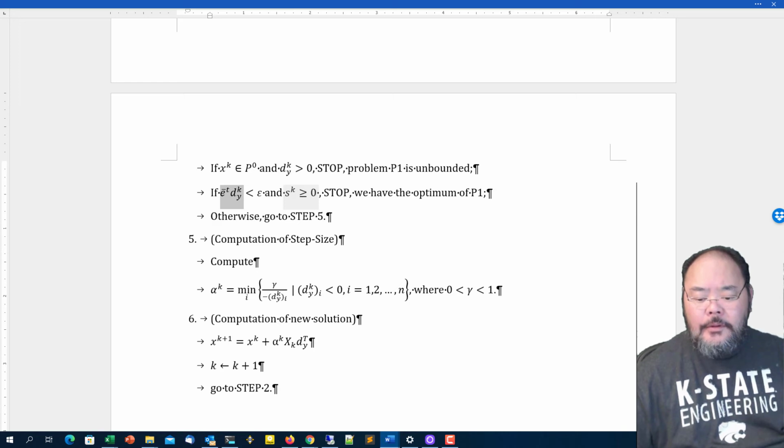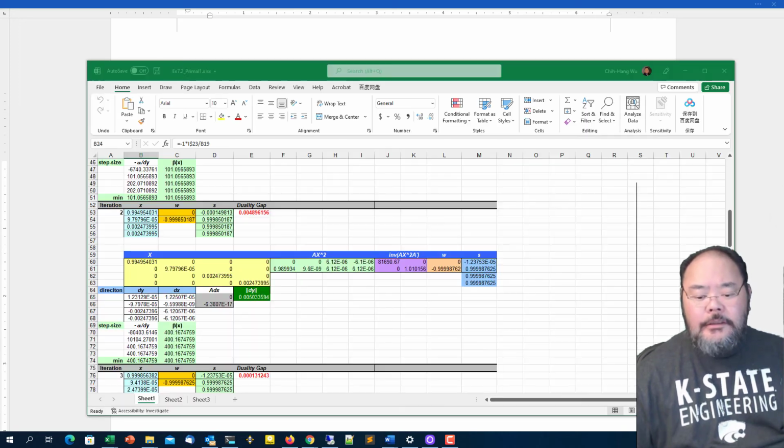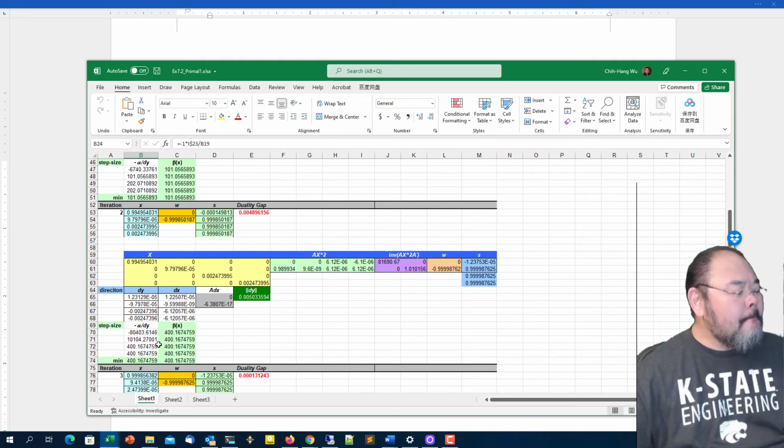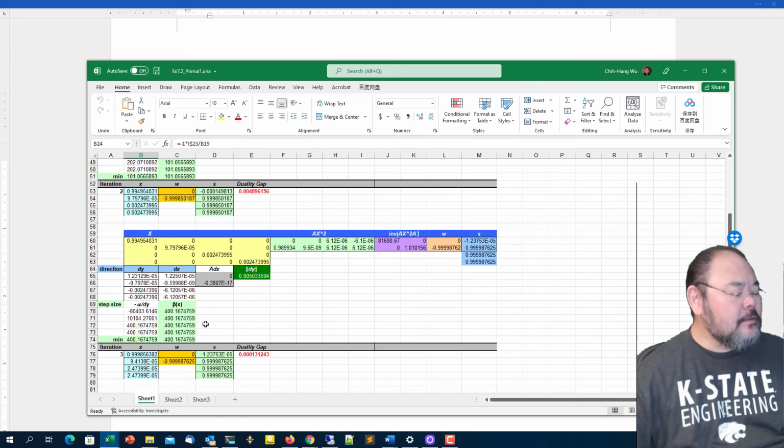So I'm calculating the possible step size for each coordinate of dy and choosing the minimum positive one, and ignoring the negative ones, and use that as my most conservative step size or maximum step size. Using this step size to update the primal solution, dual solution and dual slack, just copied from here.